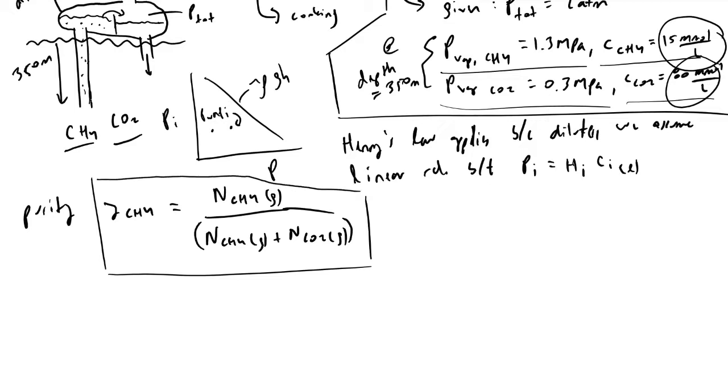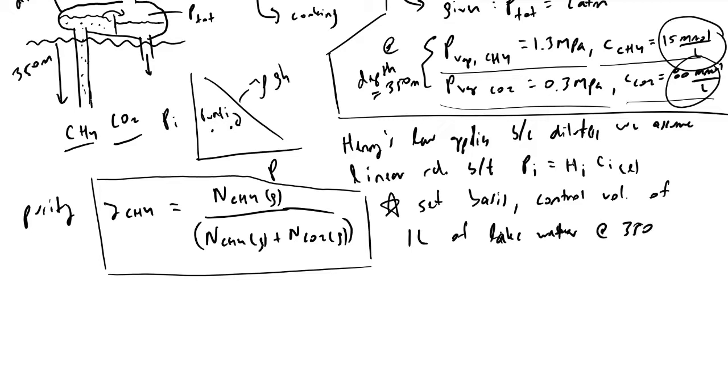One of the things you'll hear often in chemical engineering is that we're going to set a basis, and what I'm going to call it is a control volume of 1 liter of lake water at 350 meters.